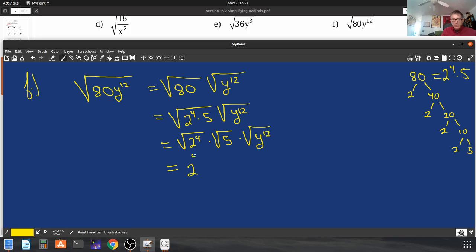That's 2 raised to the 4 divided by 2 times the square root of 5 times y to the 12 divided by 2. So that's 2 squared, y to the 6, and we usually place radical terms or radical factors at the end.